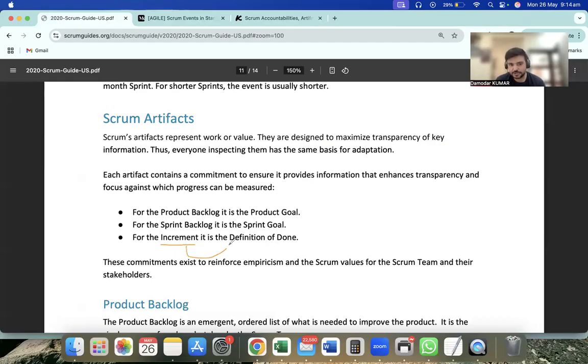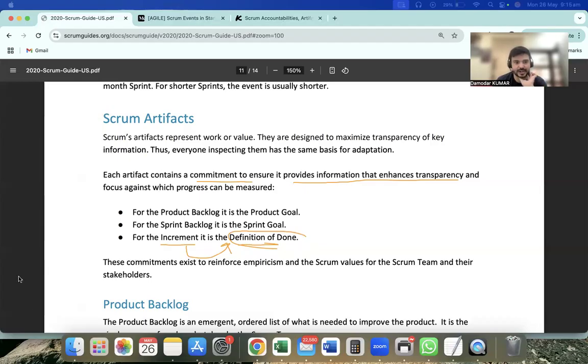And in order to measure how that increment is going, if you see here, the commitment ensures it provides information that enhances transparency. So the definition of done, we will be reading now. If you try to understand, it is a formal description of the state of the increment when it meets quality measures.